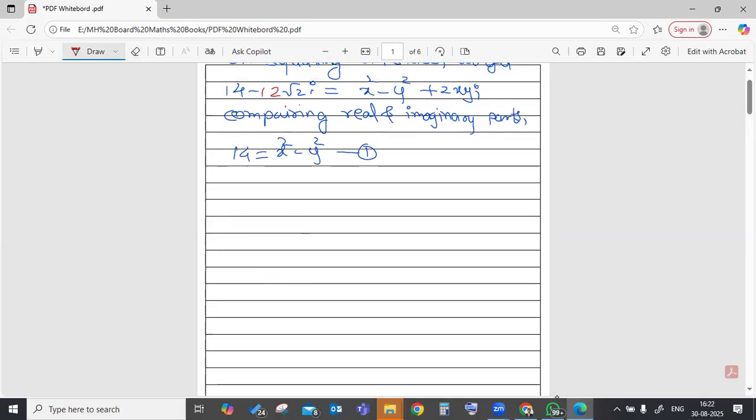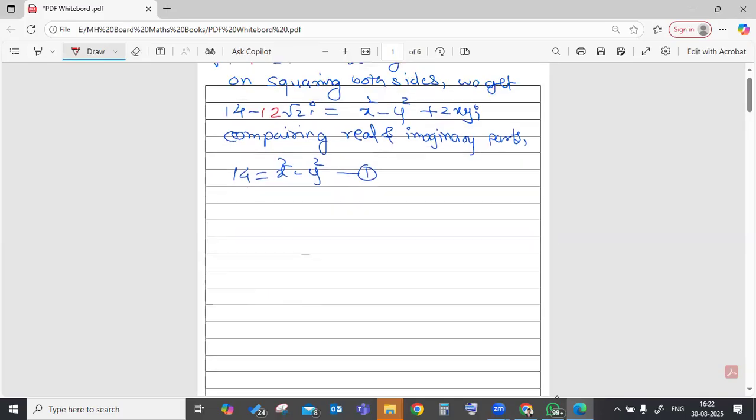Now, the second equation will be minus 12 root 2 equals 2xy, right? Minus 12 root 2 equals 2xy. Then 2 ones are 2, 2 sixes are 12. xy equals what?